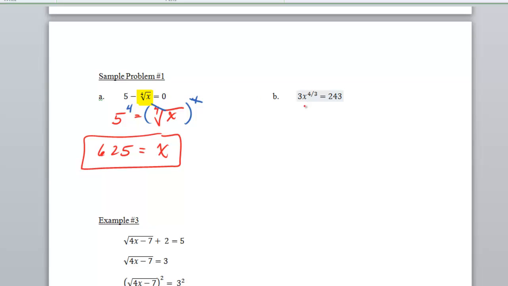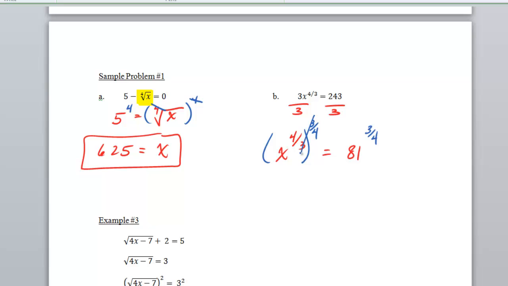Okay, for part B, we need to isolate that variable, and we have to start by dividing by 3, so we get x to the 4/3 power equals 81. So since we have a rational exponent, we want to raise it to the reciprocal power, and we have to do that to both sides.